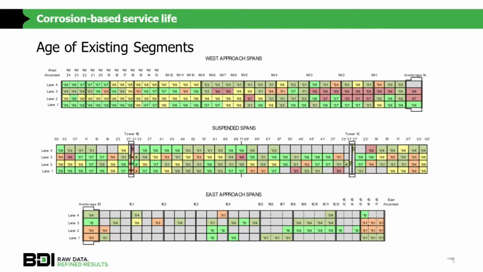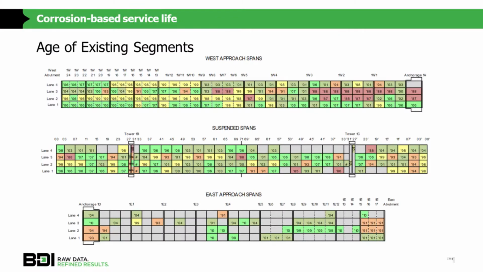In this bridge, again, I said there were 416 different segments, and this bridge has been in service for several decades and has actually gone through a considerable amount of rehabilitation. So the color scheme here actually shows by function of age of the overlay. They've gone in these individual segments and individually overlaid segments as they deemed it necessary based on the observed deterioration.